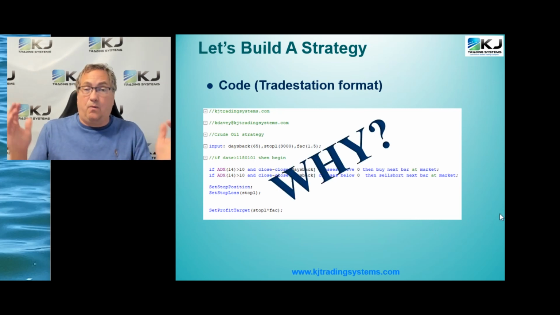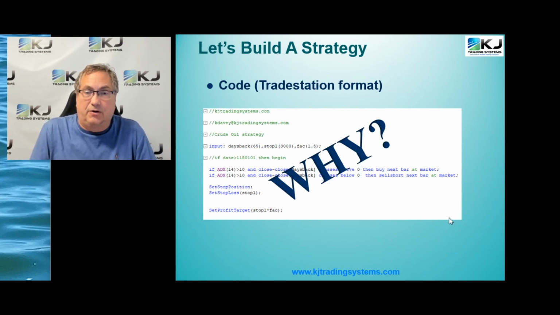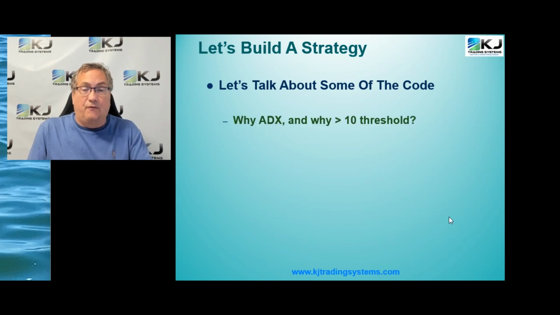Now, you might say, well, okay, why are you doing what you're doing? So let's dig into those things a little bit. Just get a little more information. First thing is why momentum and why 65 bars? Then we'll say, well, why the ADX and why the 10 threshold?